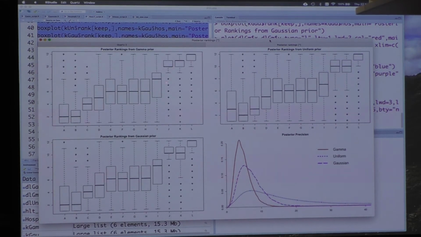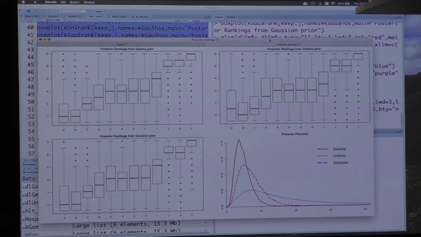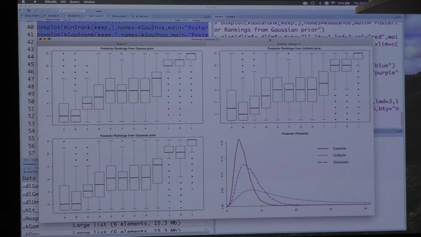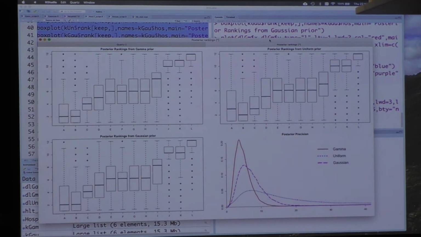But then we have these hospitals in the middle, including Hospital I, for which you seem to have evidence that the rankings are similar, okay? So in principle, it would seem that this picture would support the claim of the manager, right? We can obviously do a bit more than that.